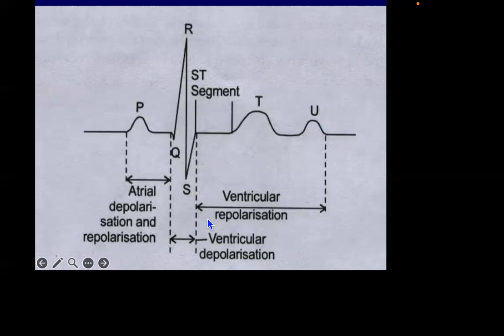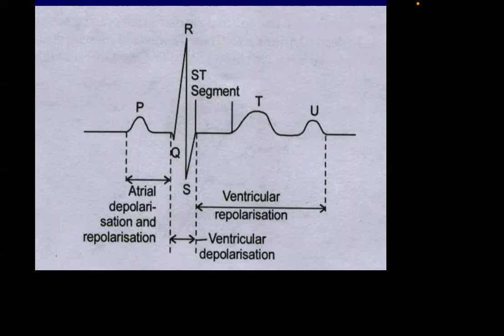The interval from the ST segment, from the J point to the end of the U wave, this is ventricular repolarization. And the duration from the Q wave to the S wave is ventricular depolarization. If you observe carefully, usually ventricular depolarization represents less than 1/3 of the duration of the cardiac cycle.